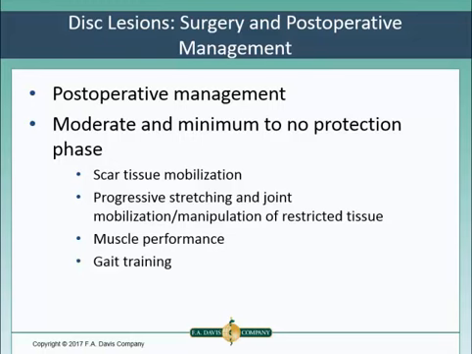You must continue to follow all the surgical precautions and be very careful with extension exercises in patients who've had a laminectomy. As the patient progresses, you'll work towards improving their impairments and regaining full function once the surgery site has healed.